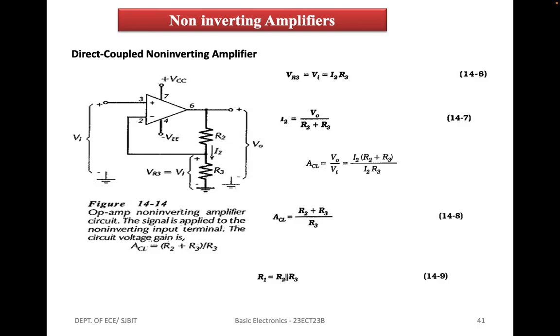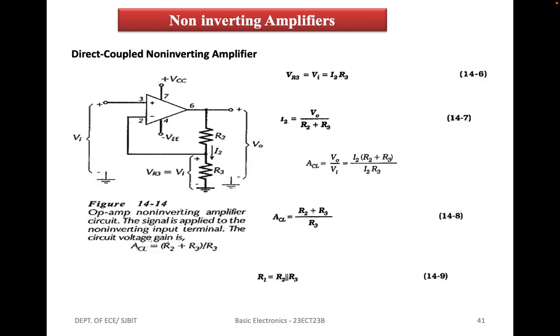Coming to the non-inverting amplifiers. The first one is the direct coupled non-inverting amplifier. The circuit is as shown here. It behaves similarly to a voltage follower circuit with one major difference.